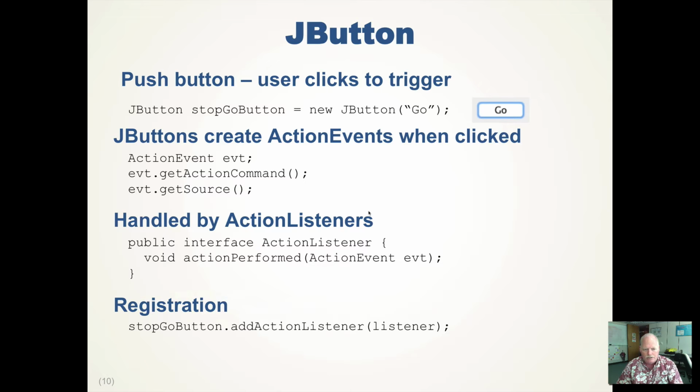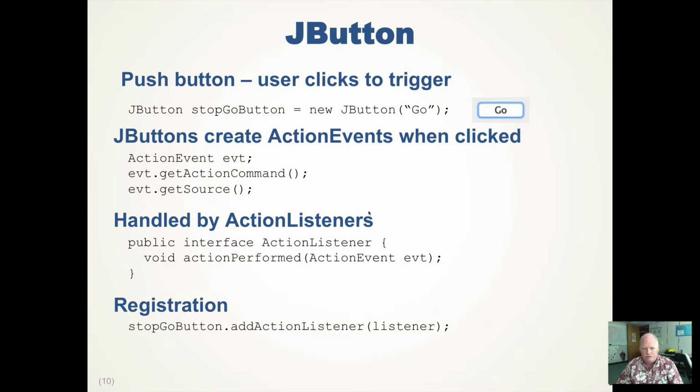You can get the action command, which is a string, which by default is the text of the button, but you can actually set the action command later, and I'll show you in the next slide how to do that. And the other very important method is getSource, which returns the instance of the component that generated the action event. In this case, if it's a button, it will be the instance of the button that was pressed.